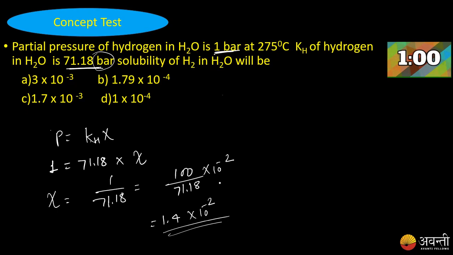No problem. The solubility will be 1.4 into 10 to the power minus 2. Keep that in mind. Clear? Quickly click on yes. If you have any doubt, quickly write in the chat section.